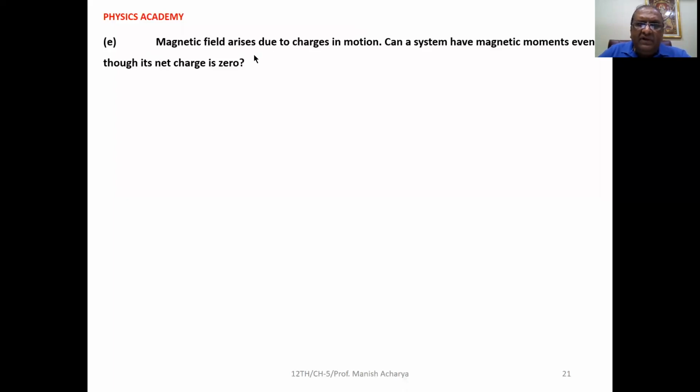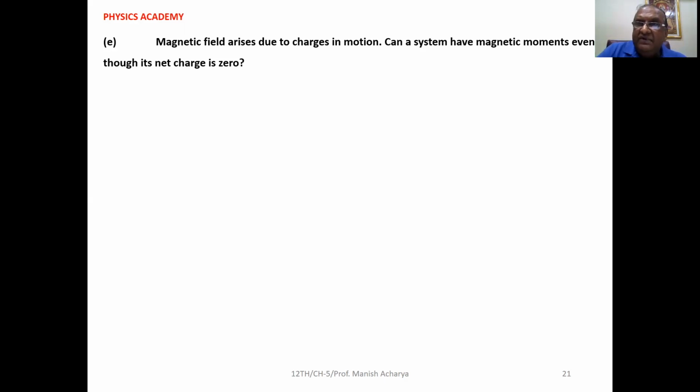Next, a magnetic field arises due to charges in motion. Can a system have magnetic moments even though its net charge is zero? Yes. Even if the net charge is zero, it may have a magnetic moment, because magnetic moment arises due to current loops, and current loops are formed due to the motion of charges.